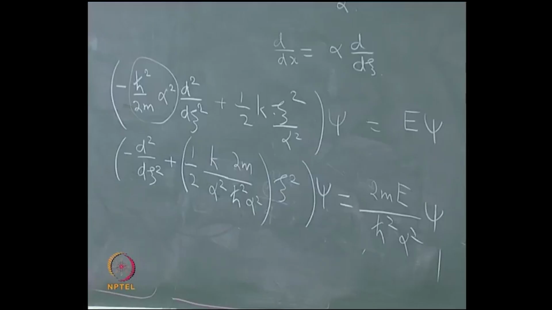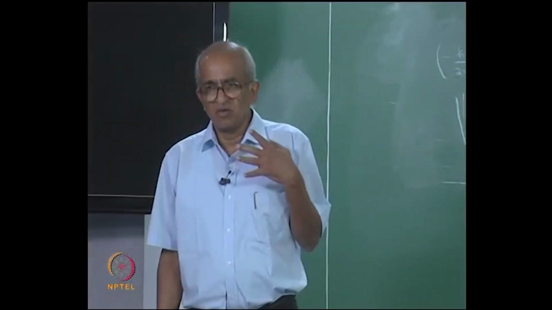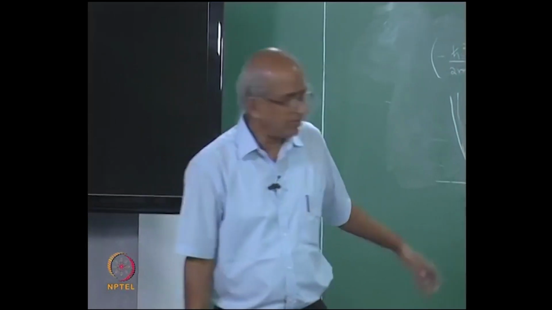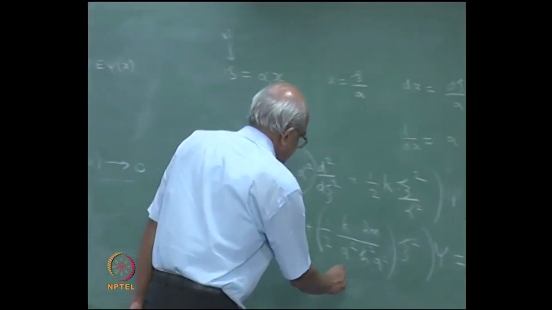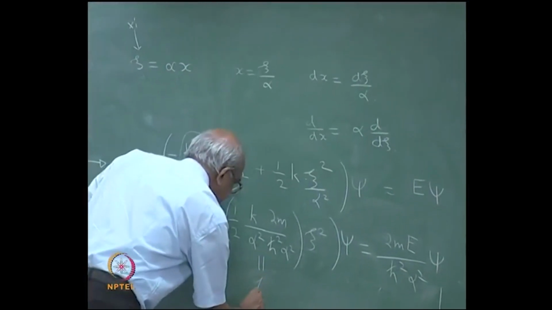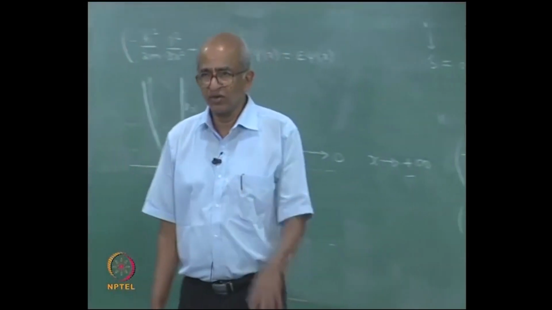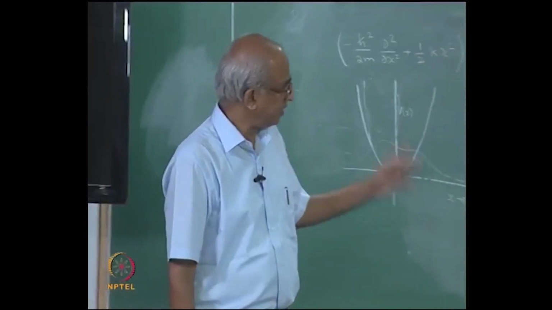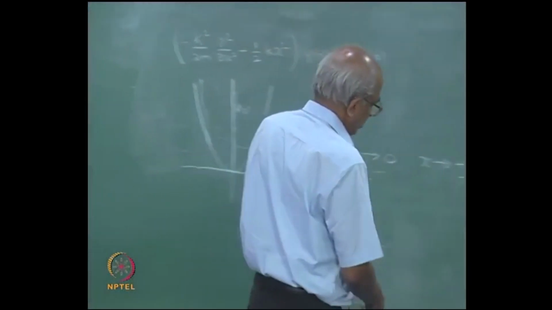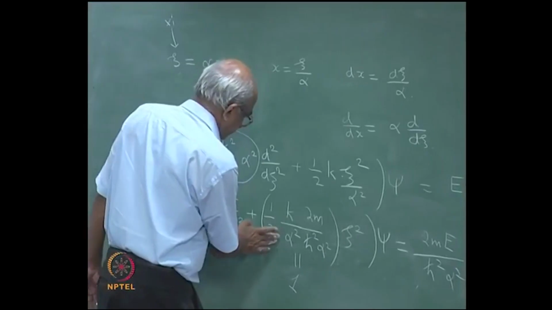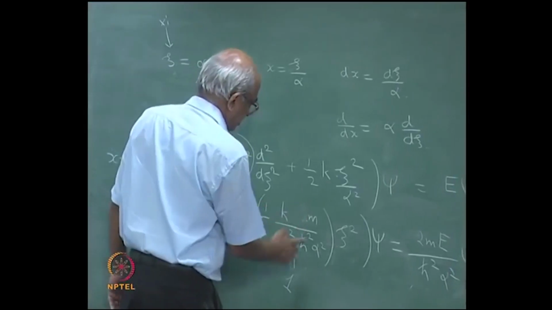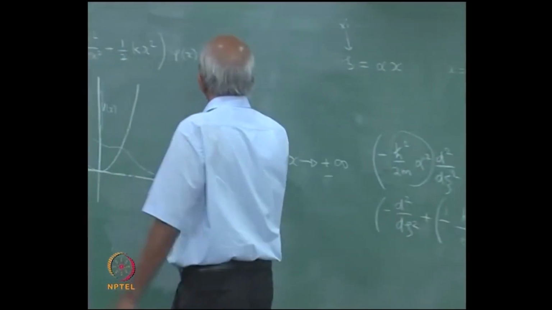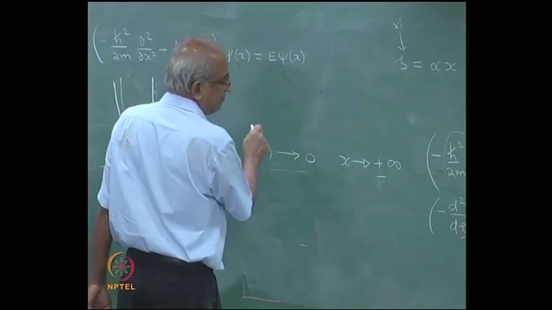Now, at this point I do not seem to have attained anything by introducing this additional constant alpha, but what I will do is I will say I am going to choose alpha in such a fashion that this is equal to 1. That I can always do. Alpha is undefined, but now I say okay, let me choose alpha in such a fashion that that is equal to 1. If you look at that expression, actually there is a half here, but this half can be removed. So, essentially I can attain that by defining what should be my definition of alpha.